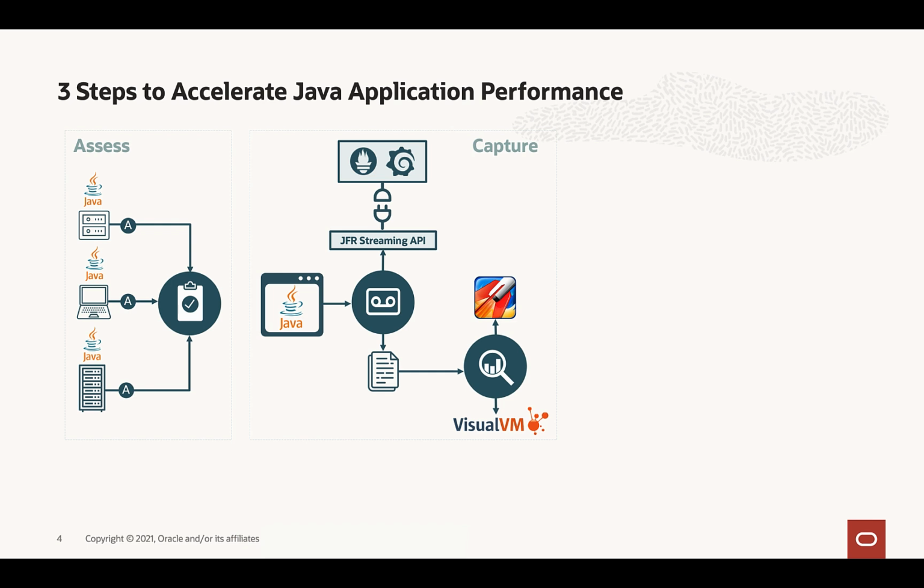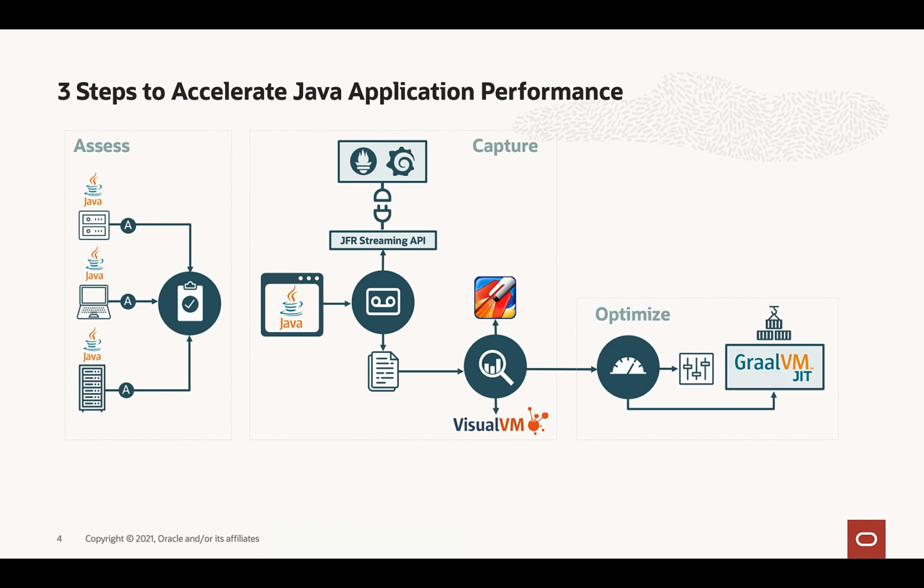Okay, so once we have analyzed our data, we can move on to the next step in our framework, which is optimize. And the optimization step is unique in that it can move in different paths or in different directions.